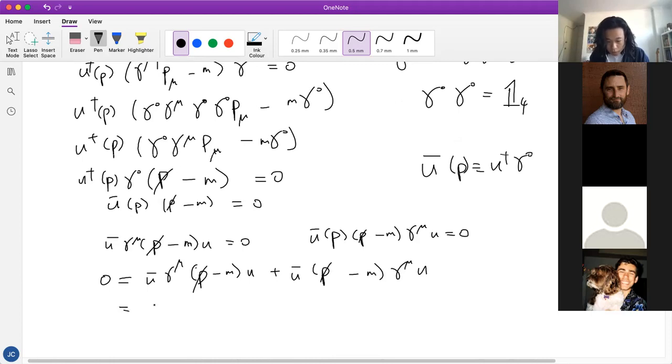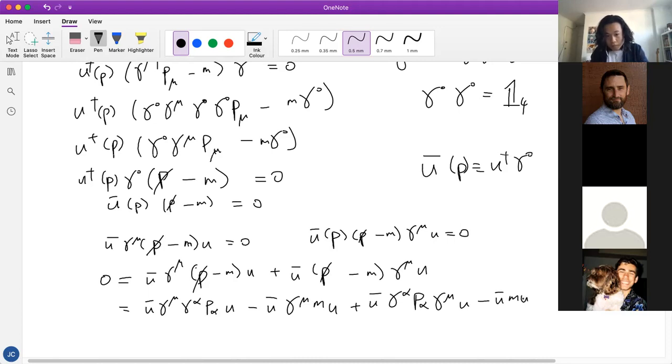So we get U bar gamma mu, and then this term, let's call it alpha, gamma alpha P alpha U, minus M U bar gamma mu U. And then for the second term, we get U bar gamma alpha P alpha gamma mu U minus M U bar gamma mu U.